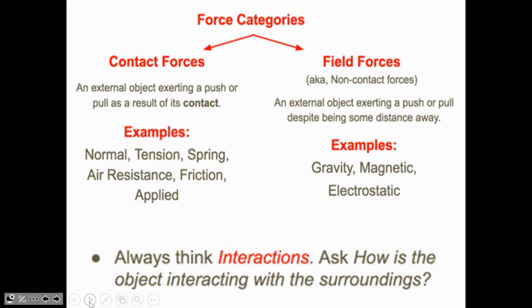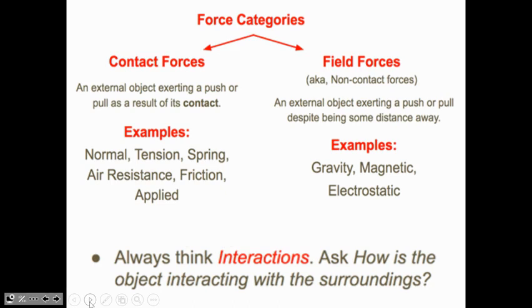Whereas field forces, or non-contact forces, do not require direct physical contact and can act over large distances. Examples include gravity and what we'll refer to later as the electromagnetic force, but you could separate them as magnetic and electrostatic forces.